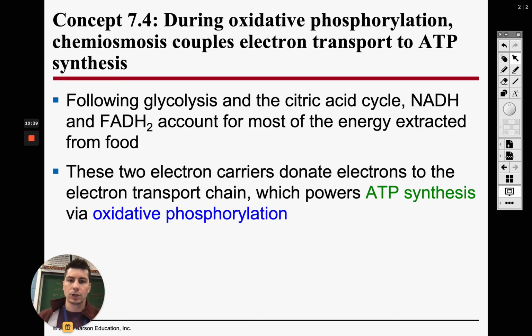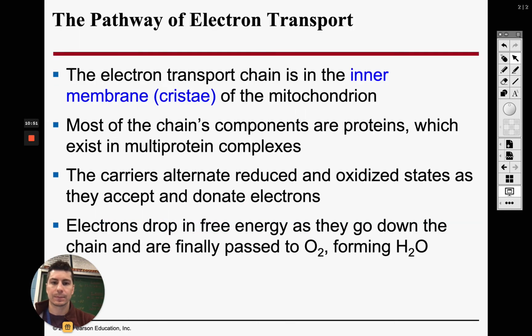After this, we're going to have oxidative phosphorylation, also known as the electron transport chain. This is where we are going to make most of our ATP. At the beginning, we started in the cytoplasm with glycolysis.